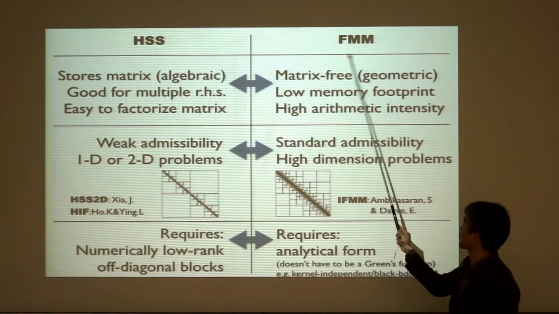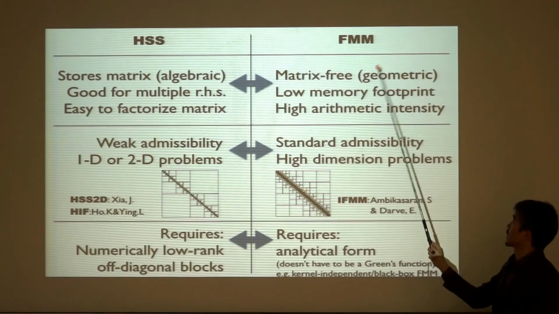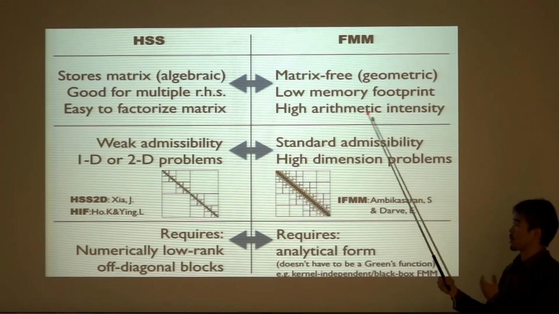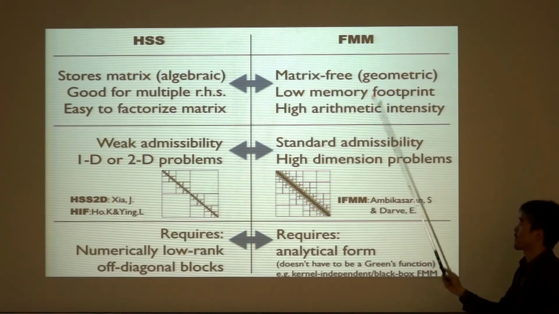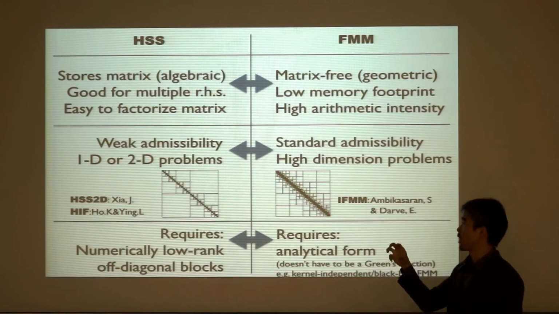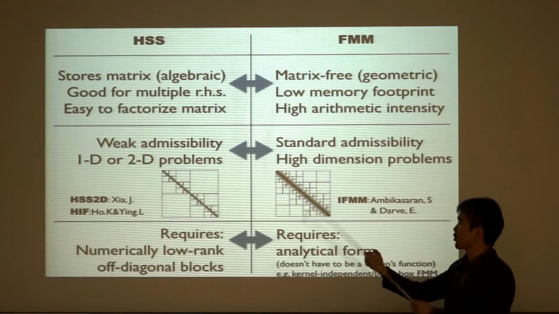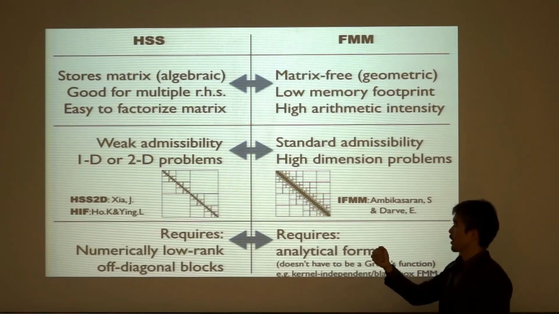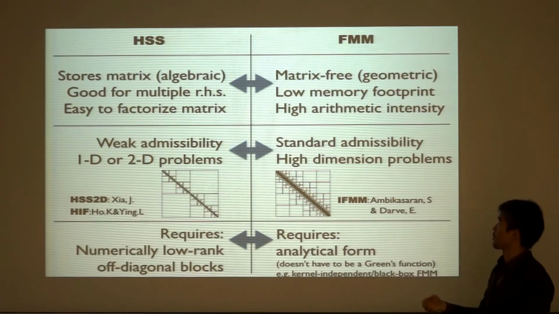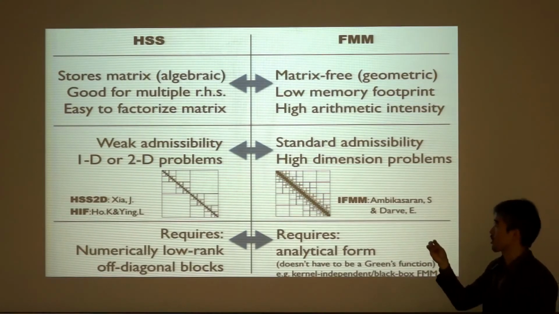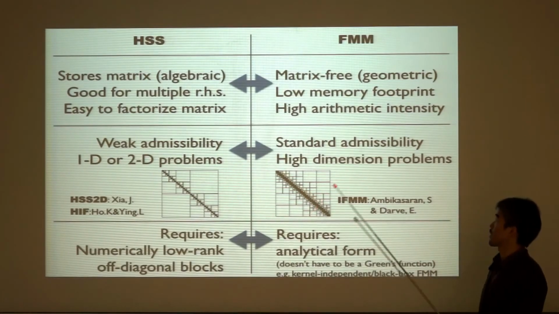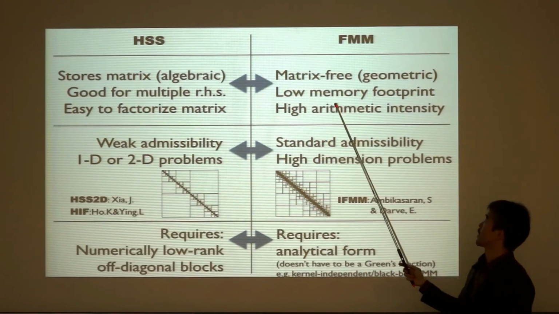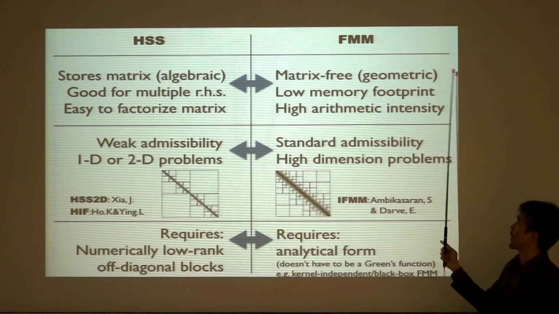So FMM doesn't construct the matrix. It actually just uses equations it calculates. You can think of it as a matrix-free operation where every time you construct the entry, you do the multiplication to the vector and you erase it from memory. So you do construct the matrix in the sense that you calculate the entries, but then you throw them away immediately. So you never hold the whole matrix in memory.